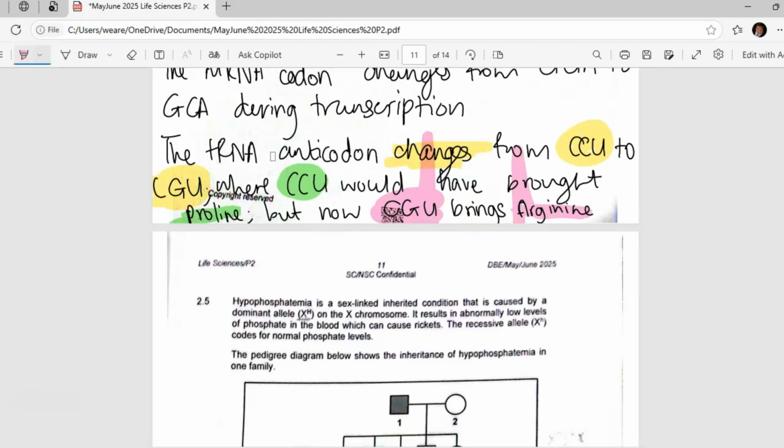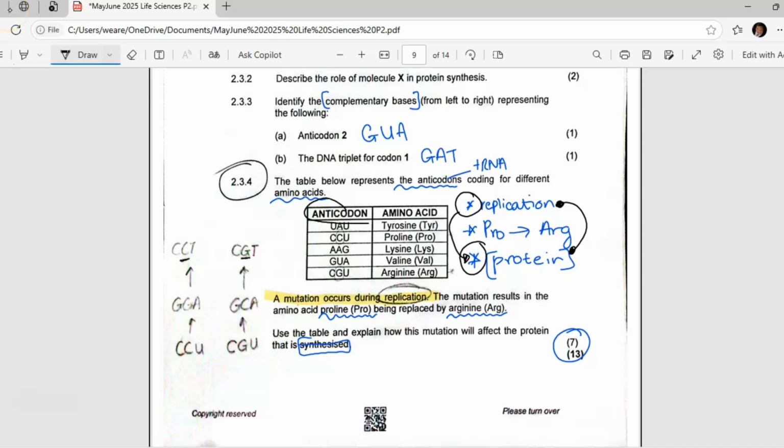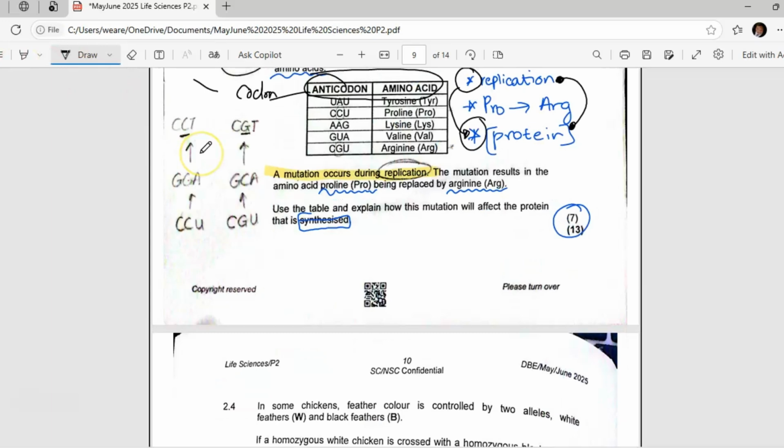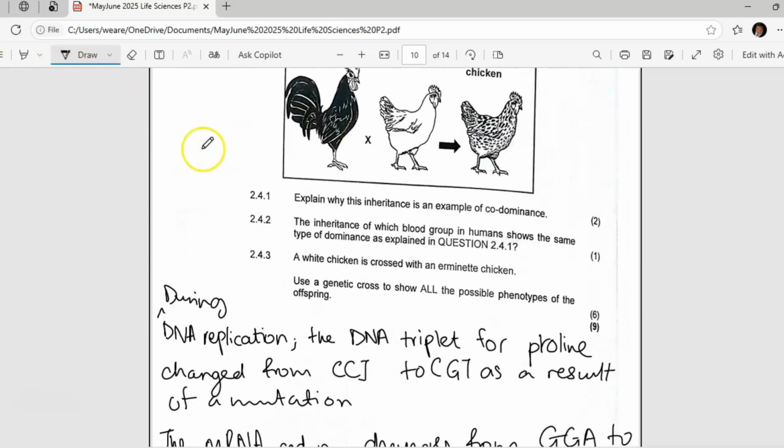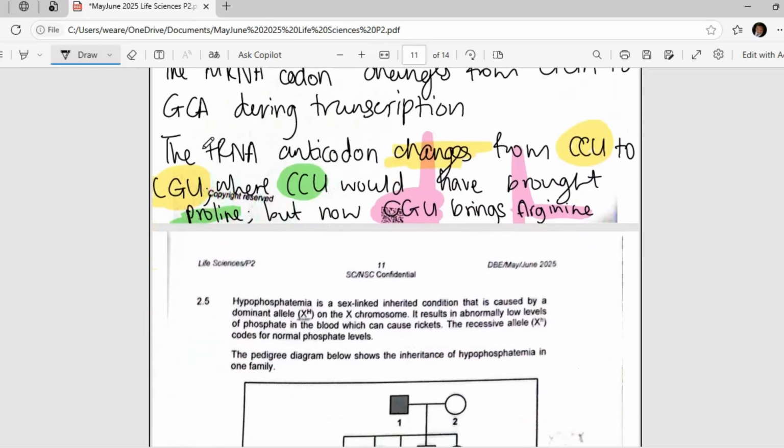The reason why I'm only speaking about the amino acids here is because in the table it was anticodons with amino acids. If it was codons with amino acids, then I would have spoken about the amino acids at the codon. If it was the DNA, I would have spoken about it there. That's why I'm only speaking about amino acids by the tRNA, because in the table it was the anticodons, right? So that would be like maybe the first 3 marks, in my opinion. I don't know how they're marking it yet.